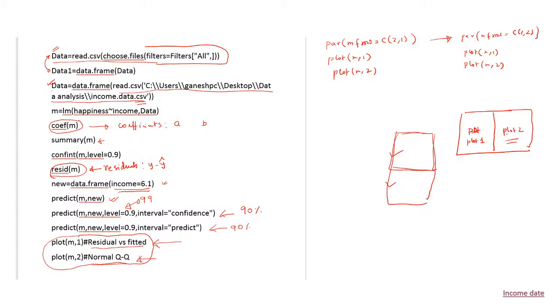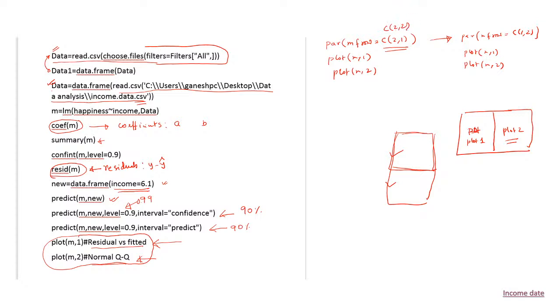So in that way you can paste your two graphs in the same graph paper. You can paste not only two plots, you can paste more than two, just by changing this.